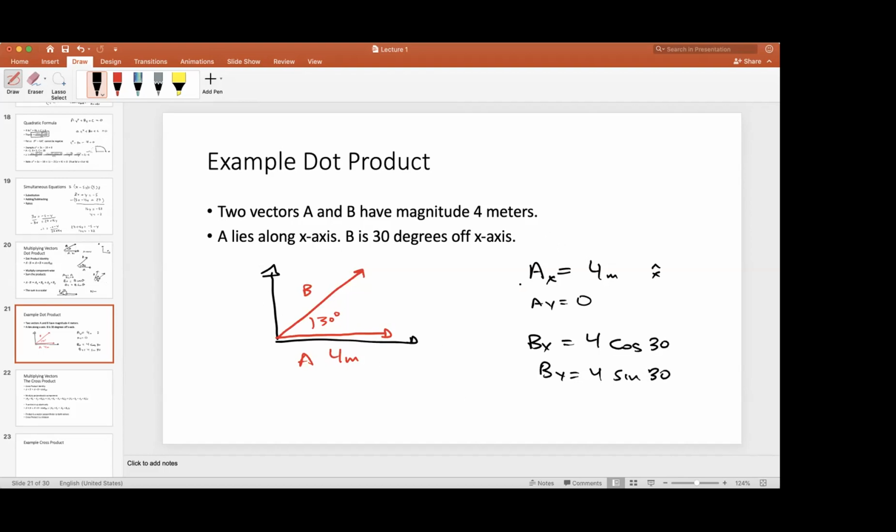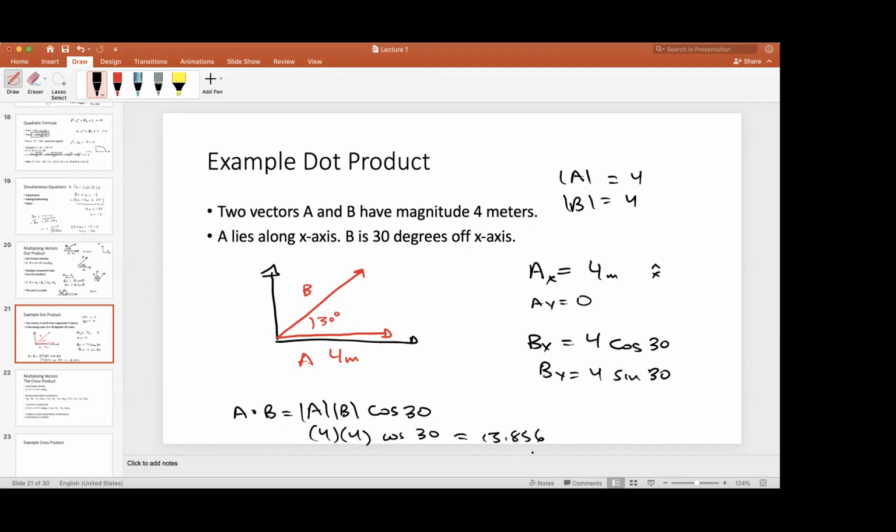Now, I know their magnitudes. A and B are 4. So I can do A dot B is A magnitude times B magnitude times cosine of the angle. Sometimes when you take a vector analysis class, this is how they'll write it. So this is 4 times 4 times cosine of 30. And you end up with something like 13.856 if you multiply this through. I guess it would be meters squared, it's like area or something.